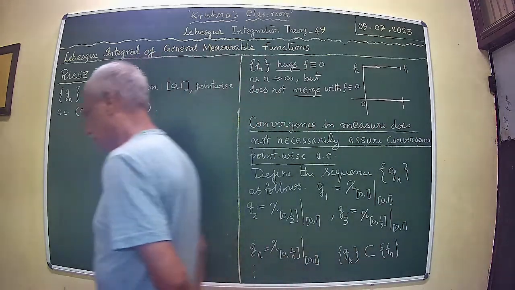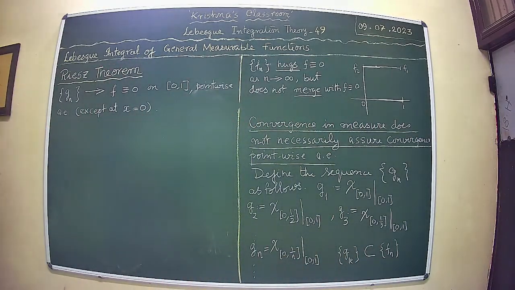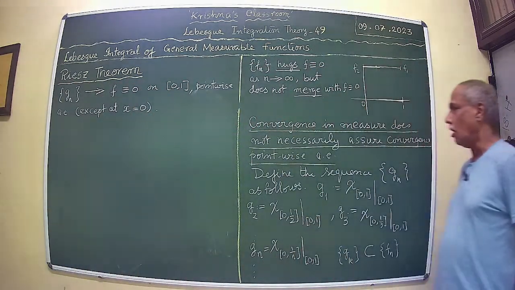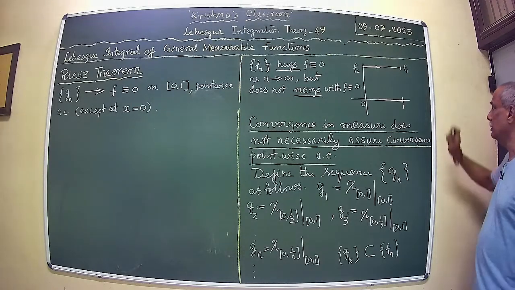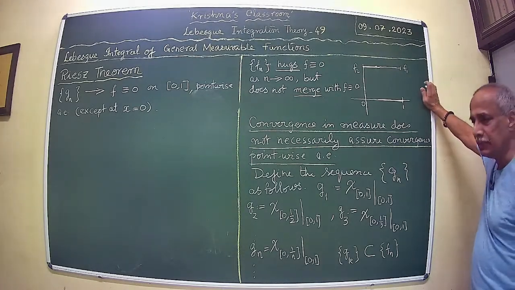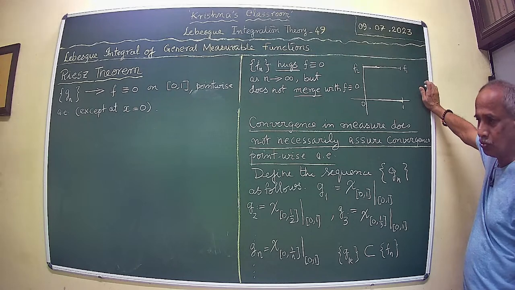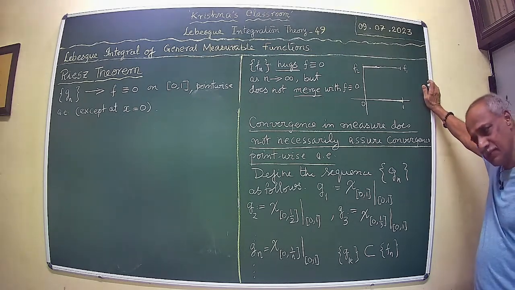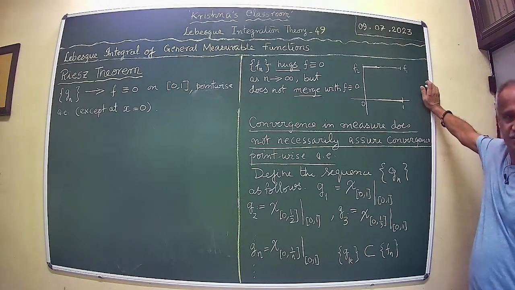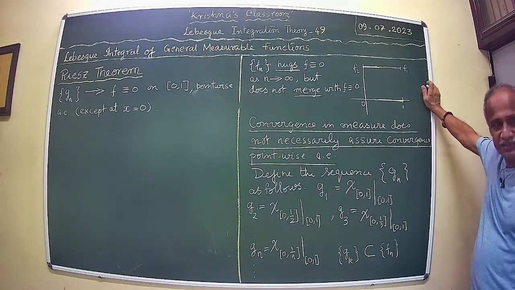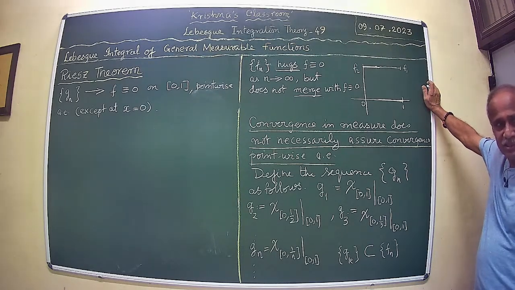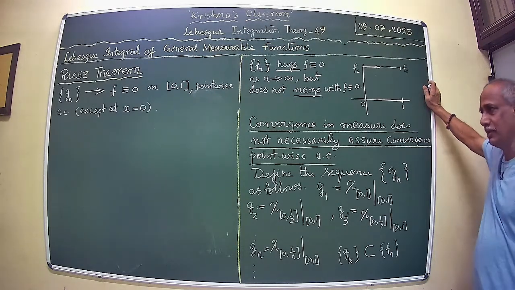Okay. That is fascinating. So in this example, we observe that although the sequence converges in measure to 0 function, it does not converge pointwise, or even pointwise almost everywhere.